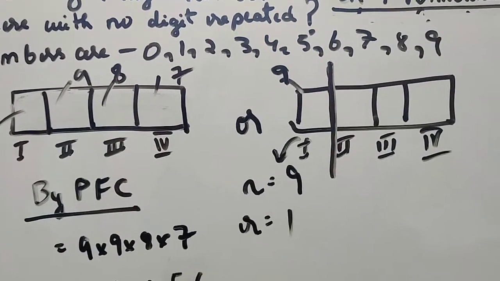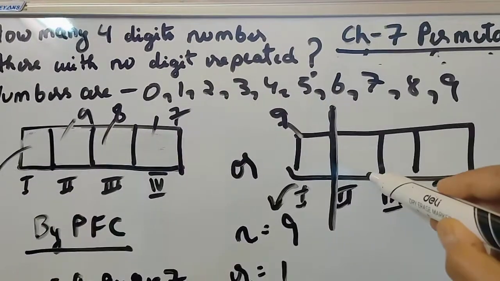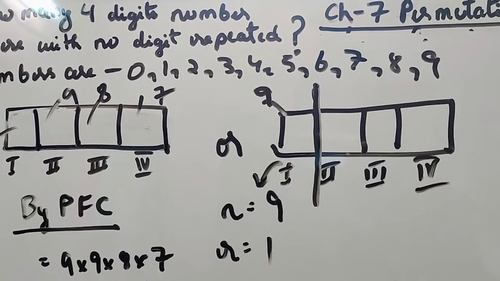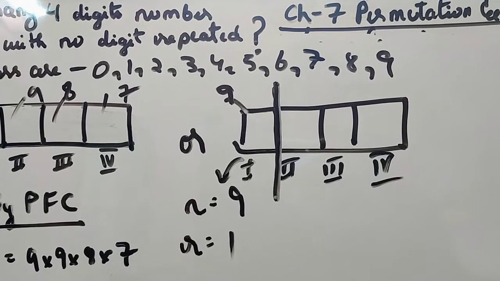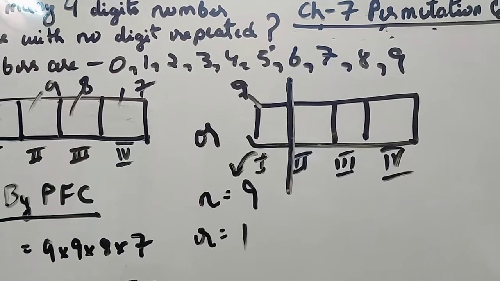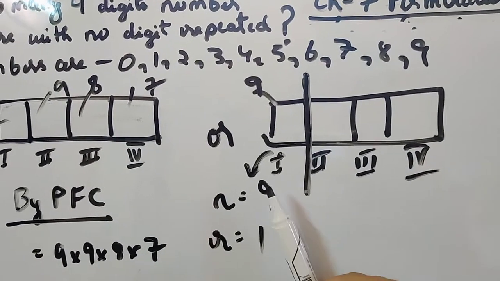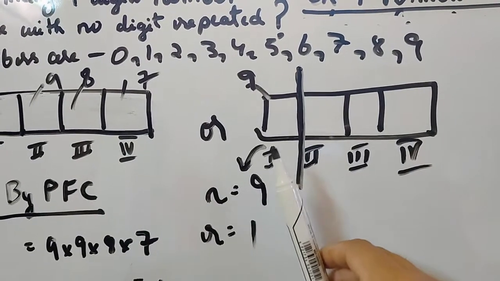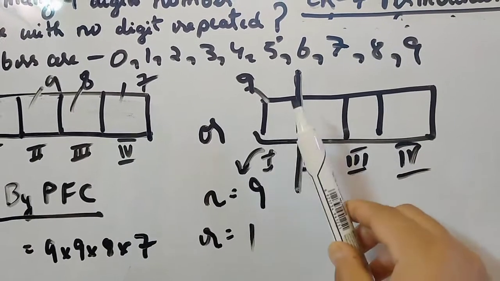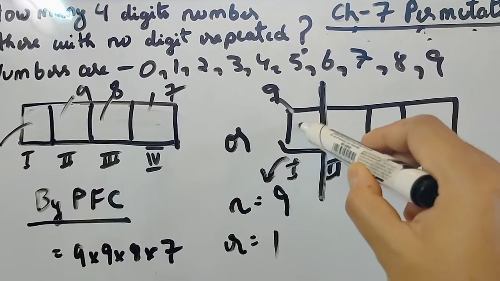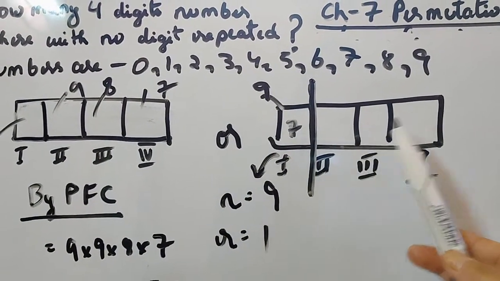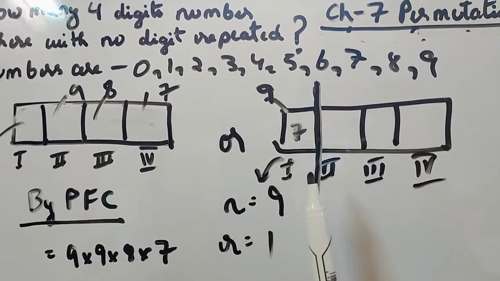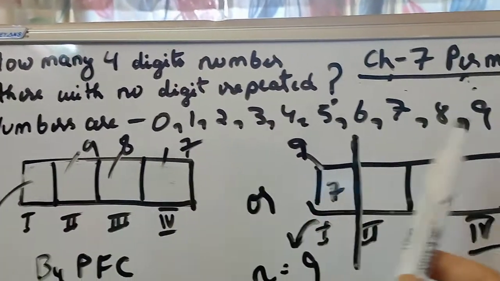Then for the next one, you have 3 boxes. For these 3 boxes, if you consider that 9 numbers have been taken, suppose you have taken, say, number 7, then for the other side you will be left with again 9 more digits.